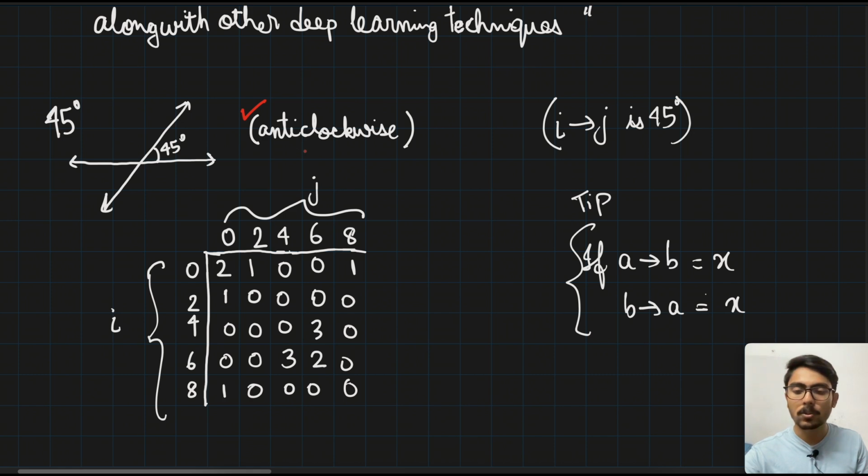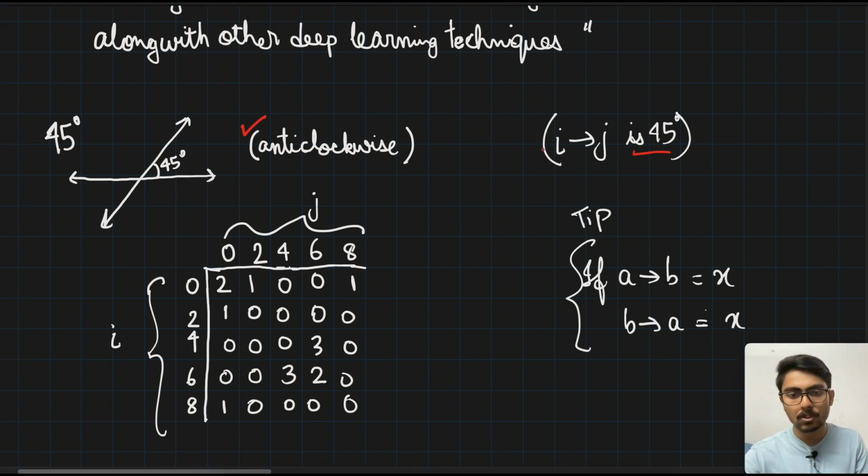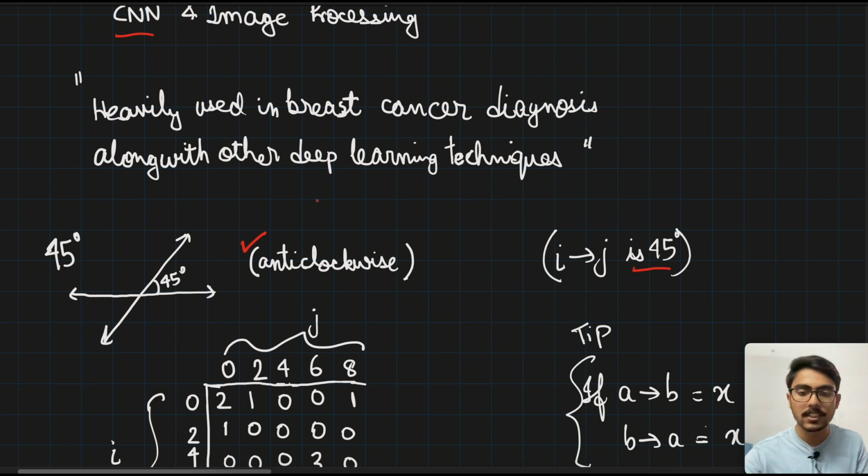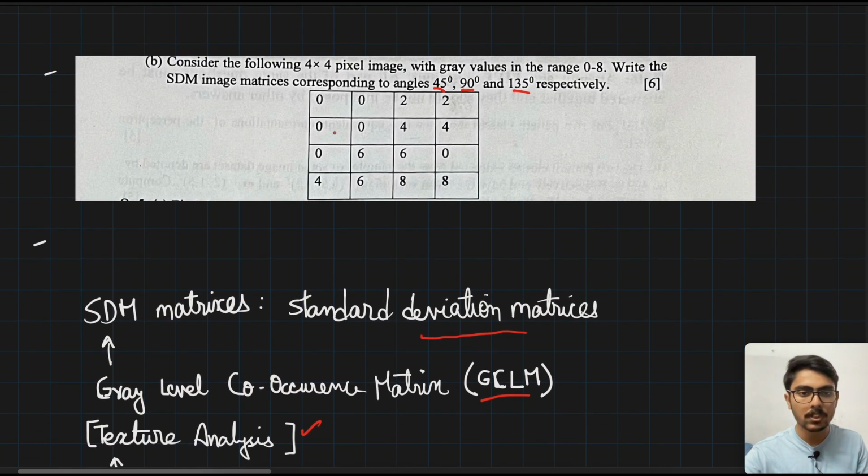What we are going to do here is, if the number present at i goes to j and the angle formed between them is 45, then we will count it in. Let's go through an example. Suppose we take 0 and 0. You see that this 0 and this 0 create a 45 degree angle with the horizontal.